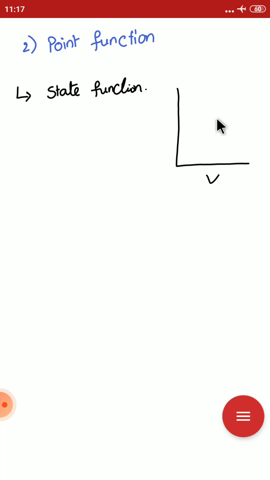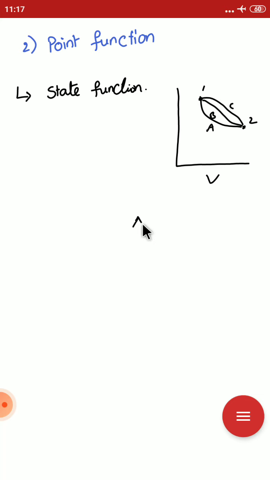Suppose this is the volume, this is 0.1 and this is 0.2. This is state 1 and state 2. If the system moves from state 1 to state 2, whatever the path may be, whichever process it may be, this is process A, B, C.